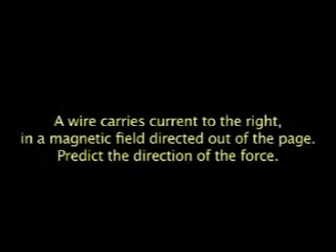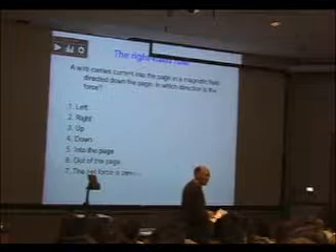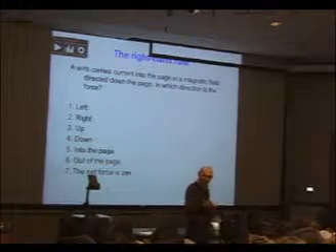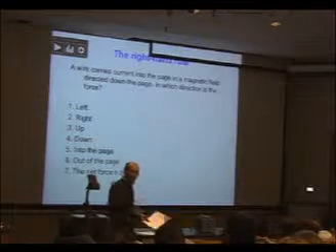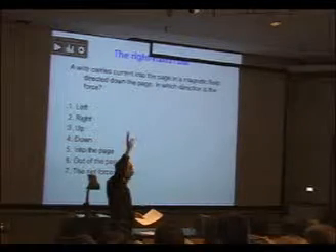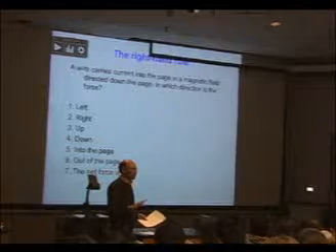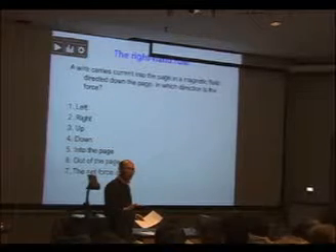So you could draw little dots to represent things coming up out of the page at you. Okay, wire carries current to the right. Okay, so predict for me which way the force goes in that first example. Who's got the right hand going? Anything? Down the page? Sounds good to me. Who's got down the page? Okay, excellent.